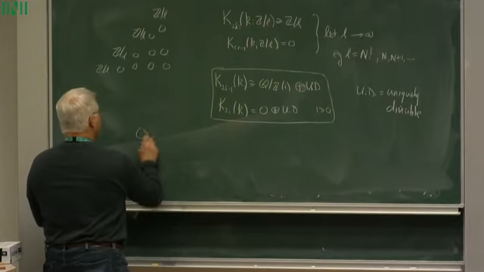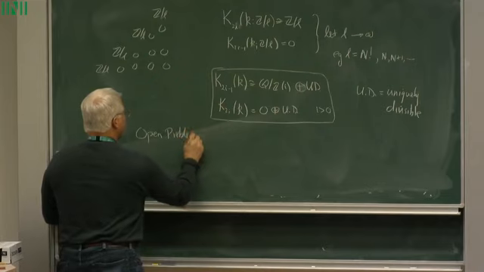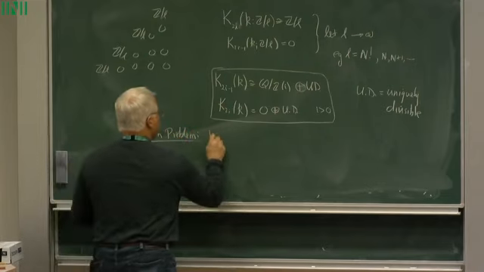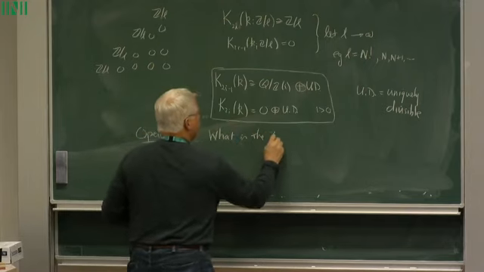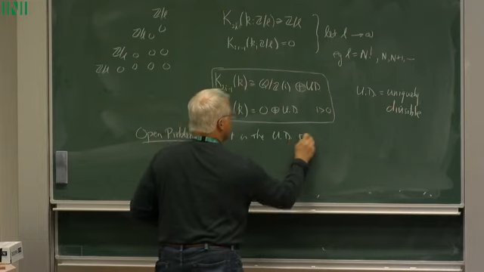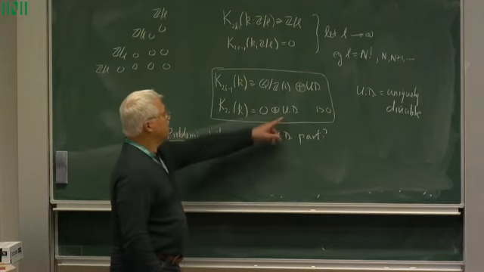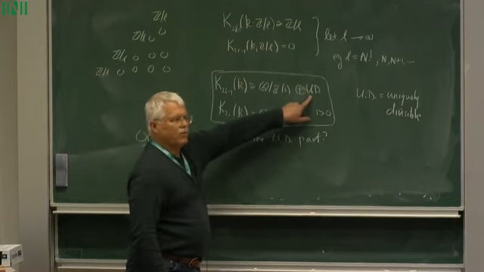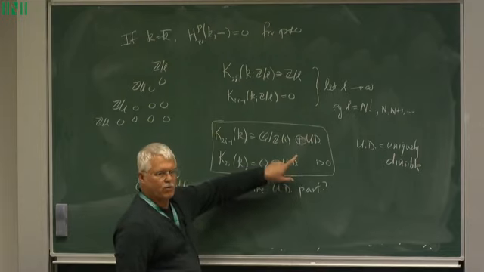Here's an open problem. And so the open question is, what kind of groups are these uniquely divisible groups? What can we say about them? Do they have any kind of structure whatsoever?